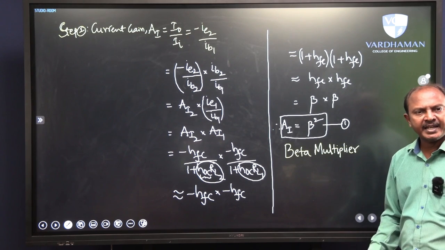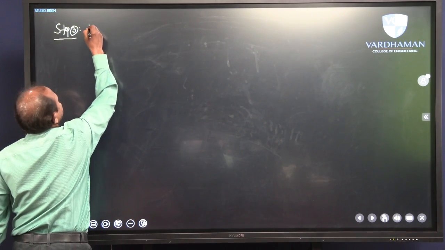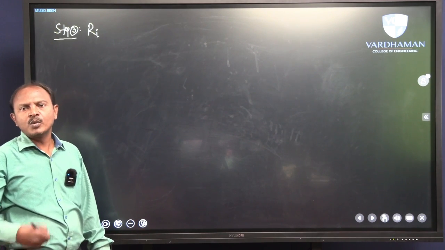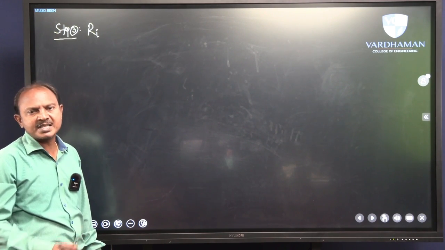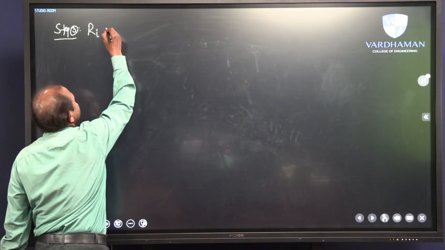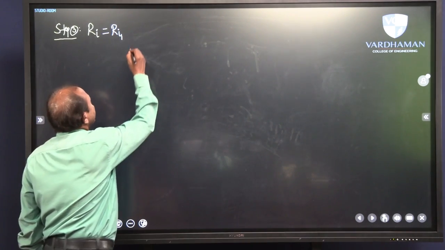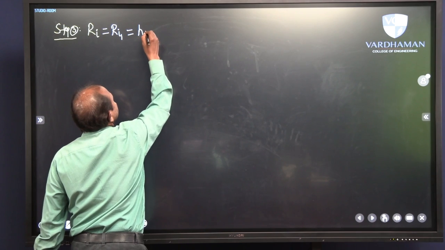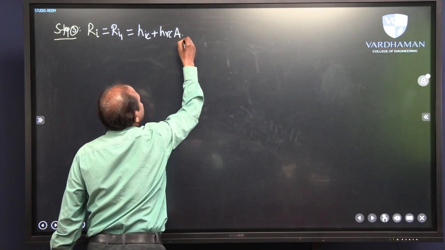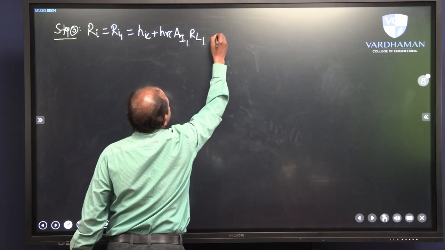Now, in a similar way, let's look into overall input resistance. Step 3 is overall input resistance. We know in any multi-stage amplifier, overall input resistance is simply equal to input resistance of the first stage. So that means Ri1 should be the overall input resistance, where we got a formula for this Ri1 as hic plus hrc AI1 RL1.